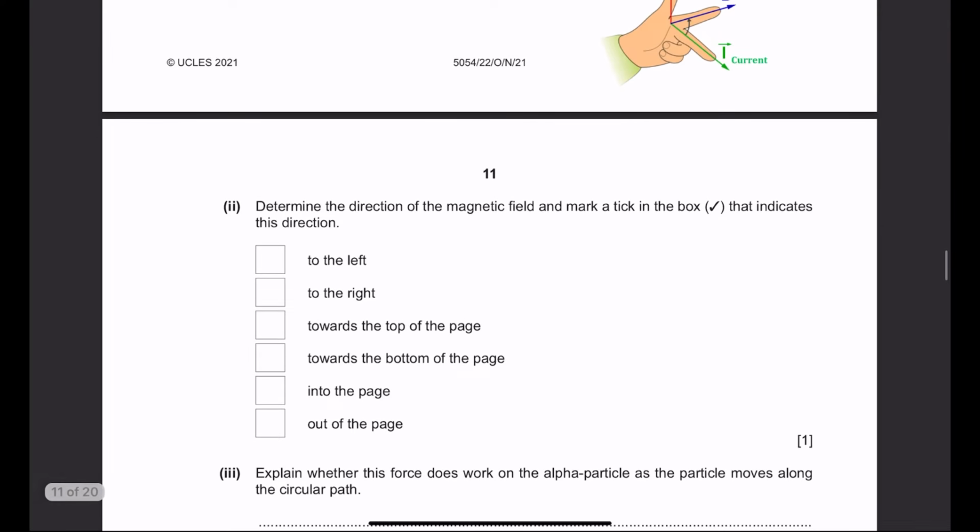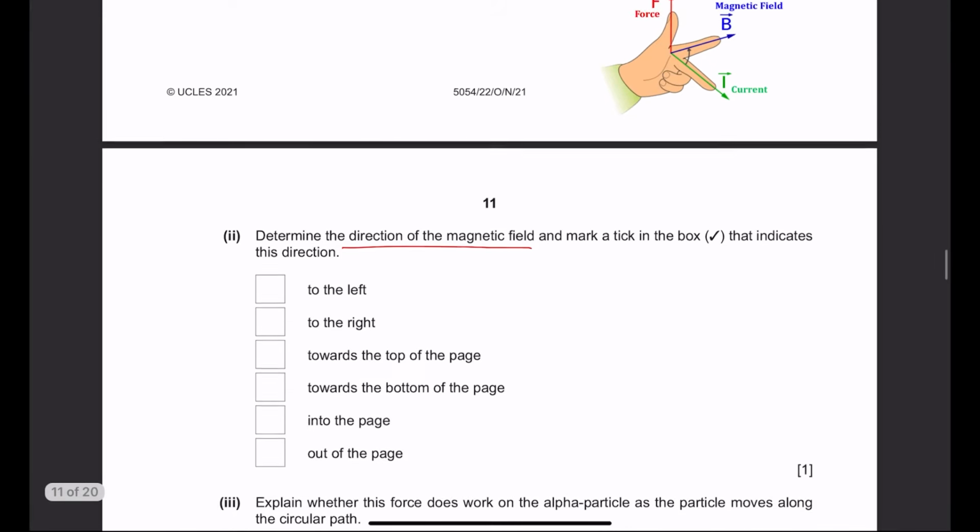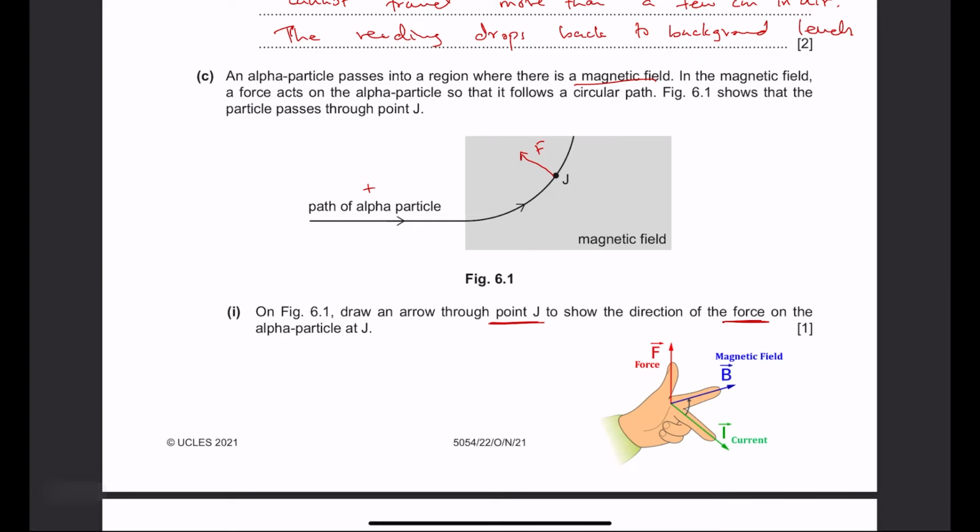Now they're saying determine the direction of the magnetic field and indicate the direction. Alright. Now here, as I was just explaining, you can find out the direction of the magnetic field using the left hand rule. And why is that? Because you know the direction of the force, you know the direction of the current. The only thing that you do not know is the direction of the magnetic field. And once you apply Fleming's left hand rule to this particular diagram, your current will be the direction of alpha particles.